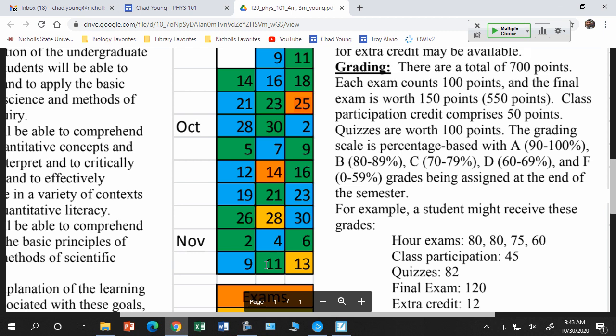And then there's an additional 20 points that just sort of goes into the pot, but you divide the entire thing by 700. So if you want to calculate your average, just add up all the points that you have, the exams, the quizzes, class participation, and the final exam, and then you divide by 700. That's what that grade calculator does, by the way, so you can put in your various scores in that grade calculator.